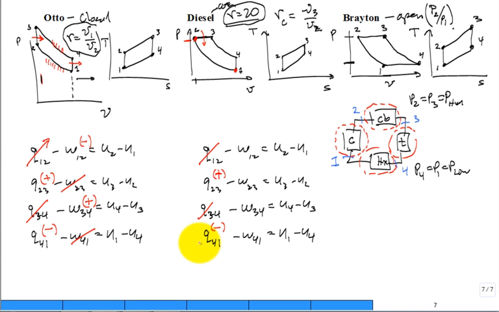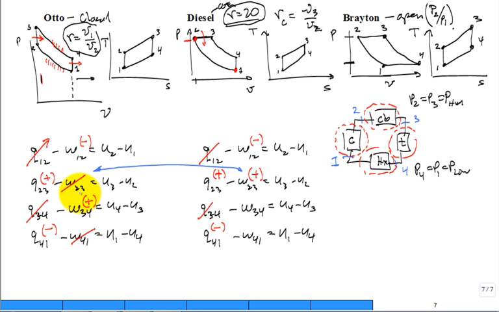Let's do the works. Work 1 to 2. Negative because it's compression. Work 2 to 3. 0 or positive? Positive. Notice the difference. Here, can you compare the Otto? There's not too many differences between the Otto and the Diesel, but look at that work 2 to 3.